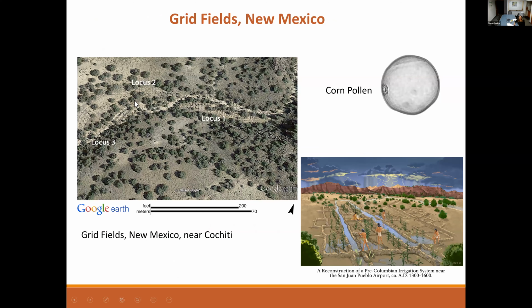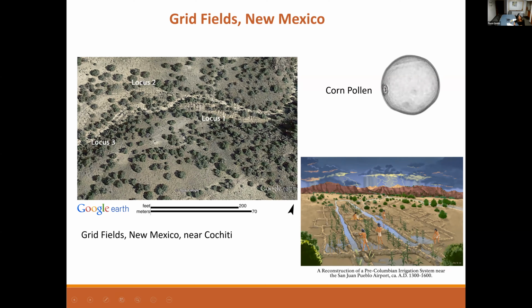This is another example of a different kind of farming system. This is a rock grid system. And here in this slide at the bottom is trying to sort of depict how these grid fields might have worked, where you have water coming down a fan or a draining, in this case, a drainage. And there, in this particular case, this was near Cochiti, New Mexico.